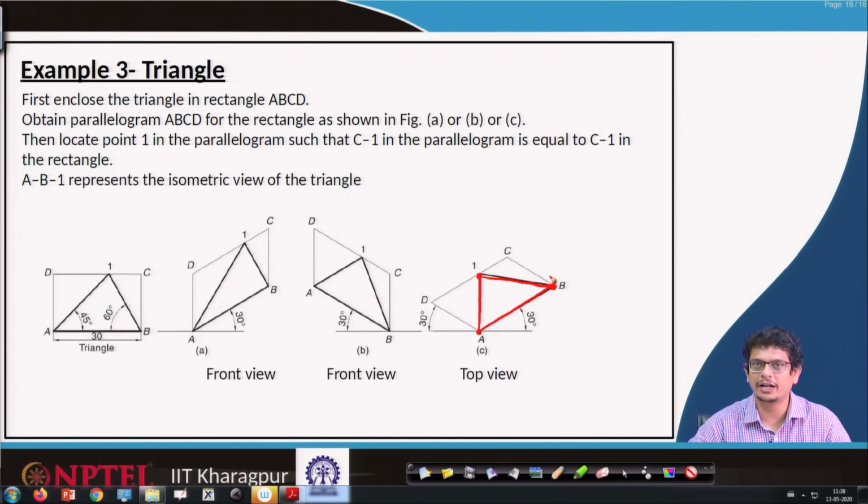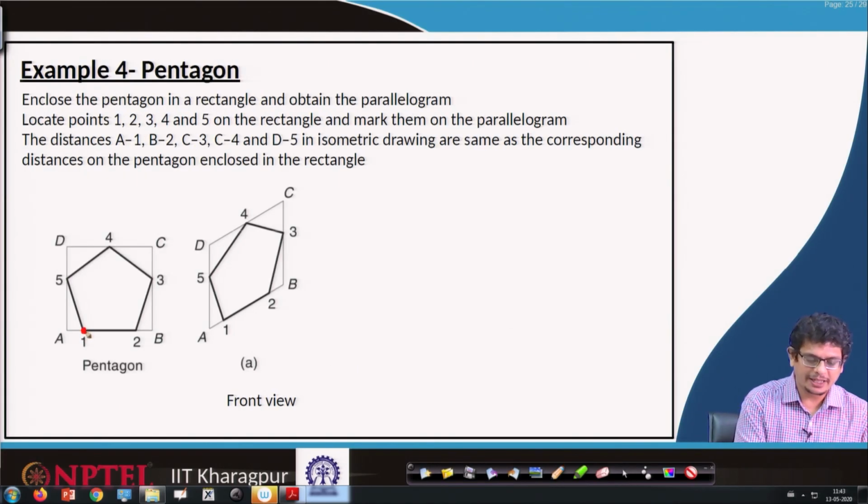It can be any complicated object, but first we have to enclose it in a rectangle, rotate that rectangle, identify one of the isometric axes with 30 degrees, then transfer the true length of this rectangle onto this with the perpendicular lines and parallel lines, and locate the points which we would like to transfer. So, the points of the pentagon 1, 2, 3, 4 and 5, we have to transfer onto this AB, CD parallelogram.